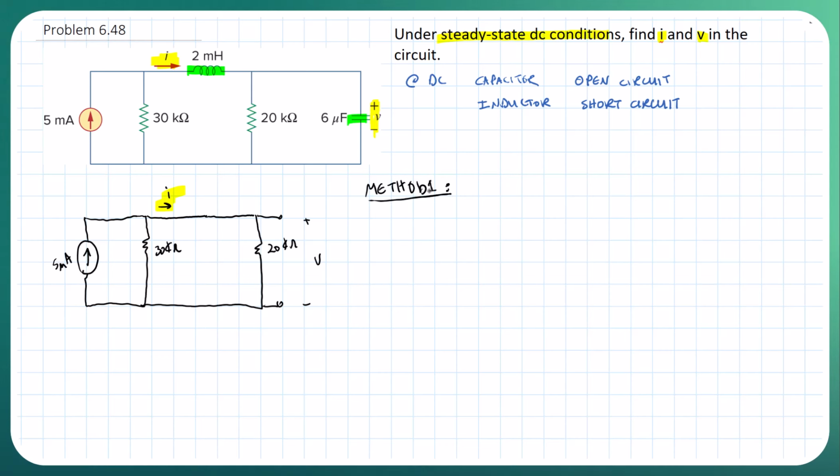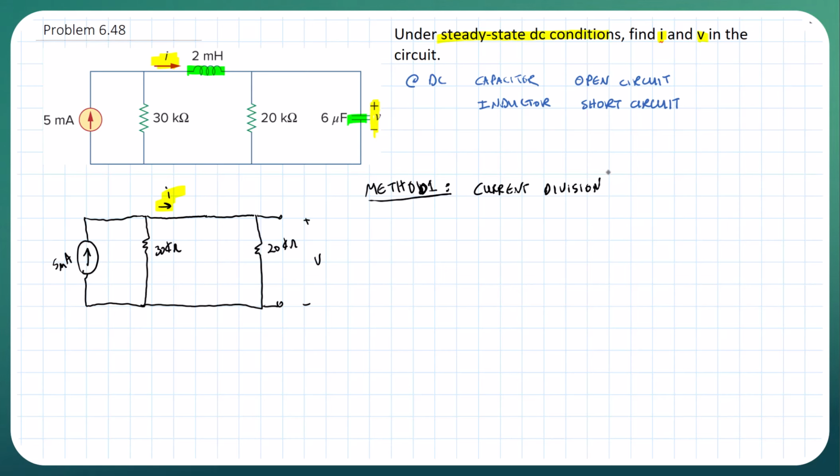Okay, method 1 should be a D. We want to use current division, and we don't always remember or memorize these equations, so sometimes it's better to go to the traditional one, which is going to be method 2.